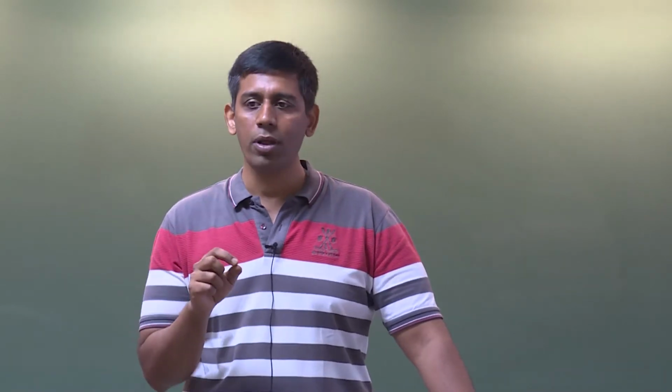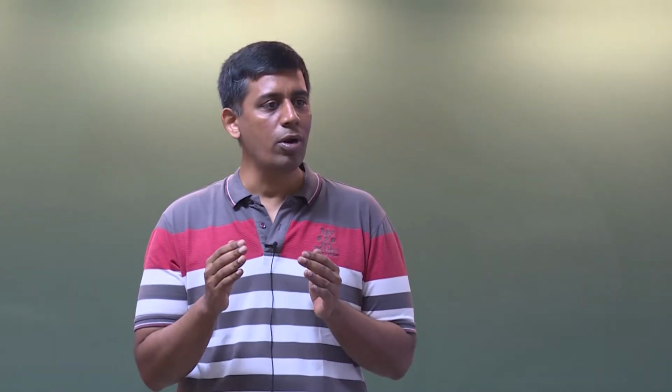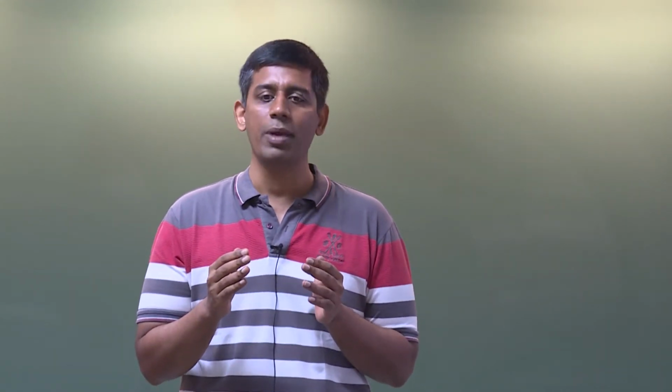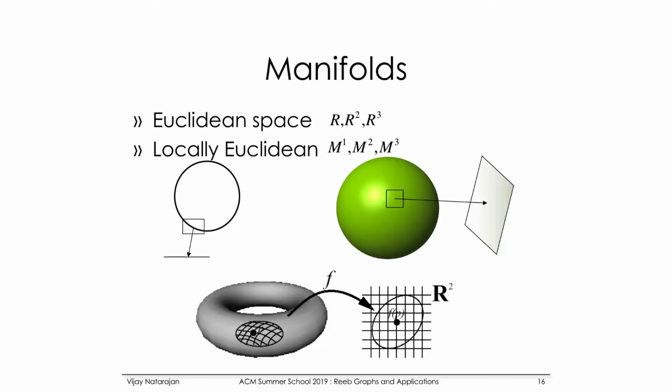If you take any point on the circle and you take a small neighborhood, this neighborhood is like the Euclidean space. It's like the real line. As in, you have a map from the small neighborhood of your point to the real line, right? This is what we call a manifold.